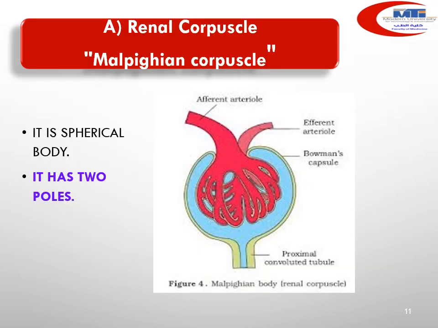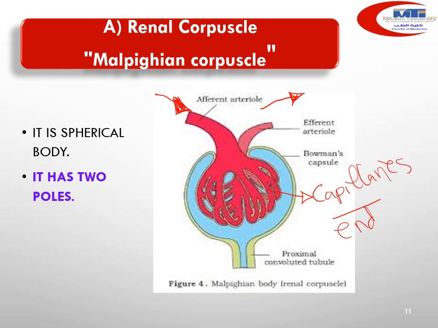Here again, as you can see, you have an afferent. The entering blood vessel is called an afferent arteriole, and you have an efferent for the exit, and in between them you have lots of capillaries, and any capillary is lined by endothelial cell, of course.